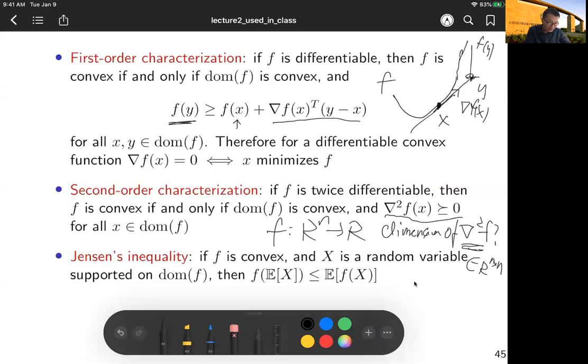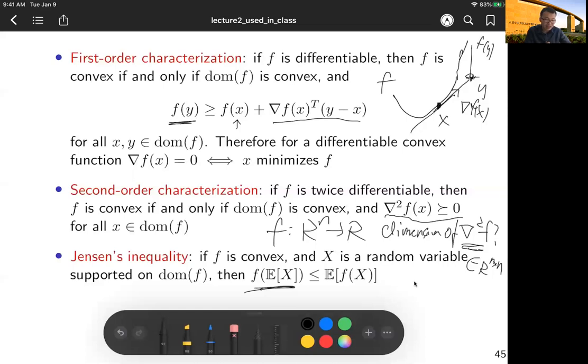A closely related concept that people might be familiar with from statistics and mathematics is Jensen's inequality, right? So if f is convex, then for any random variable that you can define on the domain of x, f of the expectation of x is smaller than the expectation of f of x itself.